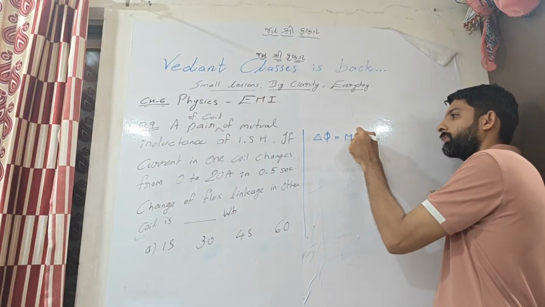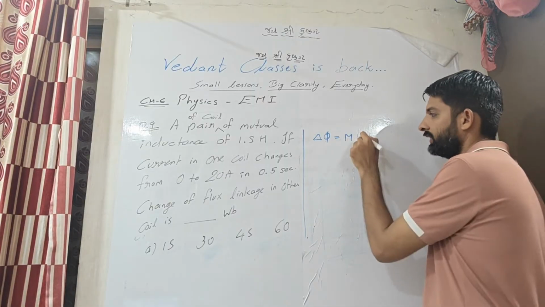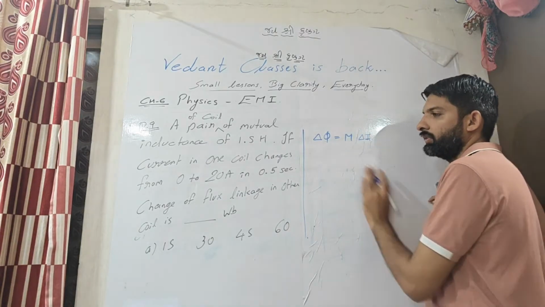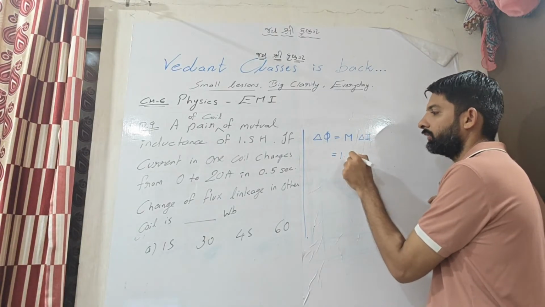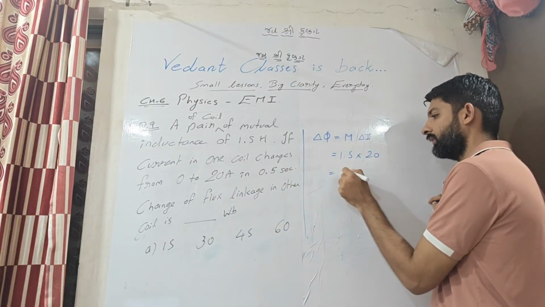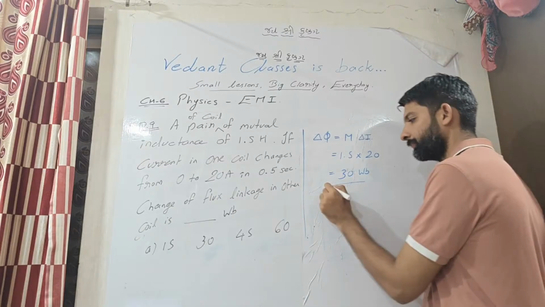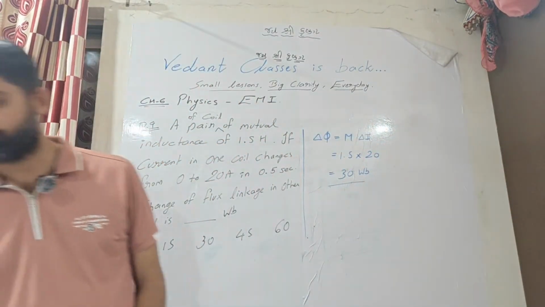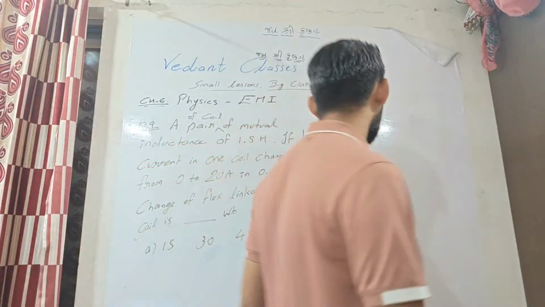Flux depends on M, delta I. This is the simple equation. So M is given 1.5 and change in current is 20. So the answer is 30 Weber. Simple. Any doubt? Simply you can solve this.